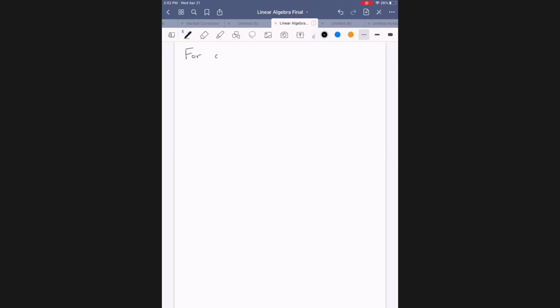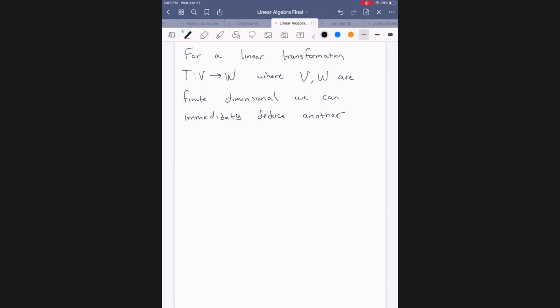So for linear transformations, for a linear transformation, say T from V to W, where V and W are finite dimensional, we can immediately deduce another property.